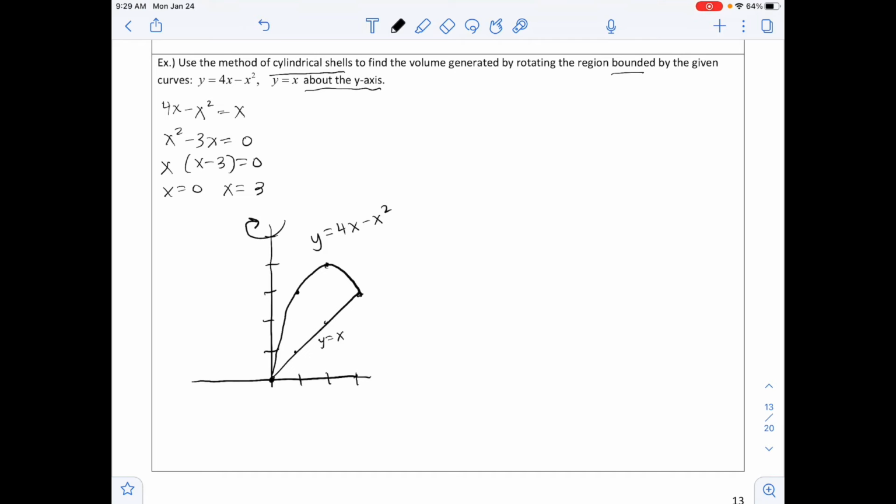And so if you think about one approximating rectangle here, if you draw in a little rectangle, and think about taking that and rotating it around your y-axis, the shape is going to be rotated around, and I'm just going to draw it again on the flip so we can see a little bit better a visual representation of what this volume would look like.